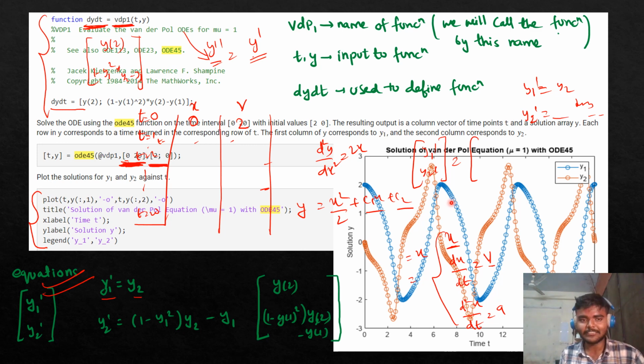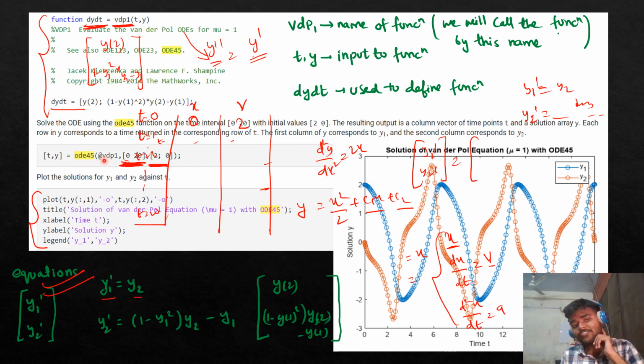It's very easy, so I will be repeating it again. This is the last time. Firstly we define the function, then dy by dt, then vdp1 for calling, and then we define this RHS side column vector. We'll be defining it here so that we don't have to write as much here.